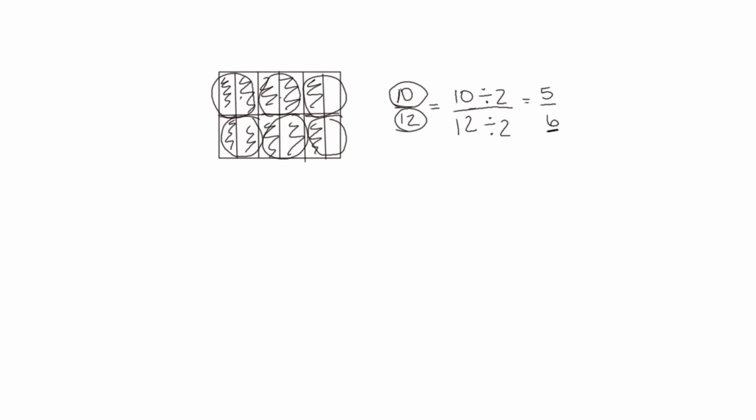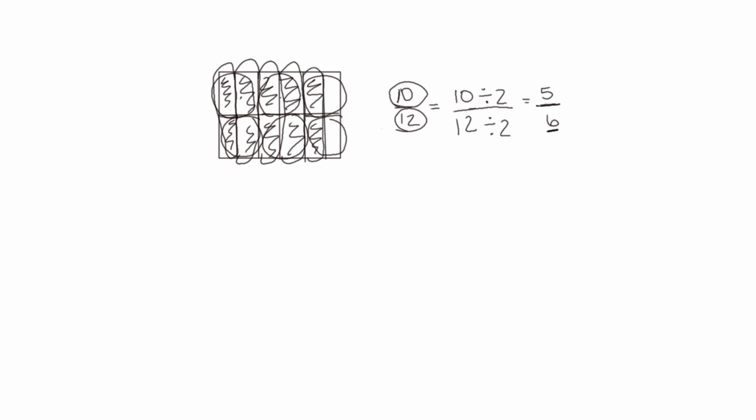Then if we look at the numerator, we originally had 10 units shaded, now we're going to combine them also into groups of 2. So let's do it this way so we can see the difference. There's 2, 2 more, 2 more, 2 more, and 2 more.